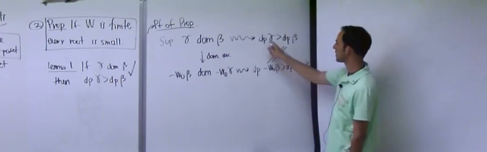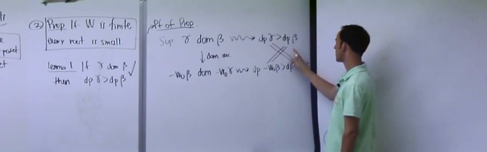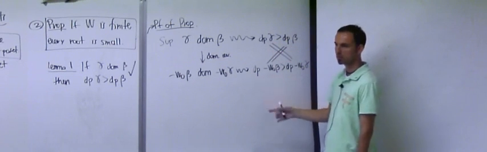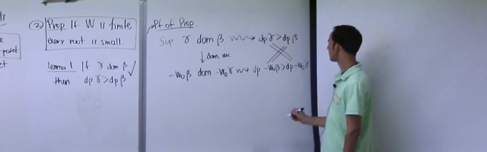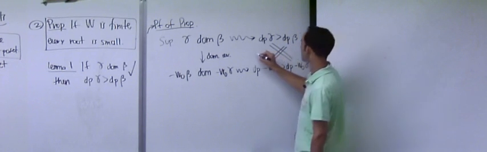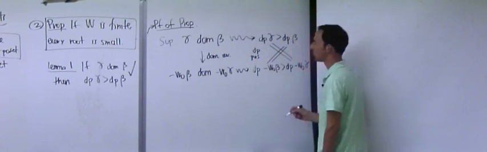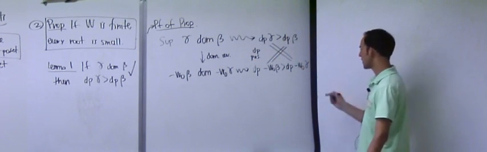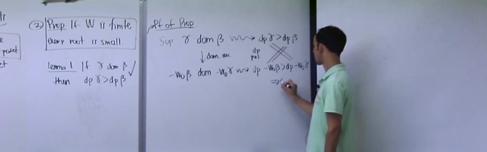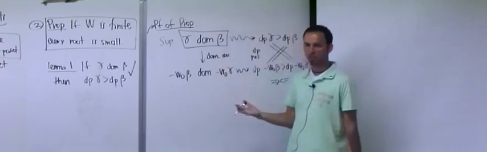And yet I'm saying that this one is bigger than this one, and this one is smaller than this one. But that can't be, by depth preserving. Okay? And so that's a contradiction to assuming just the simple fact that there's any domination.